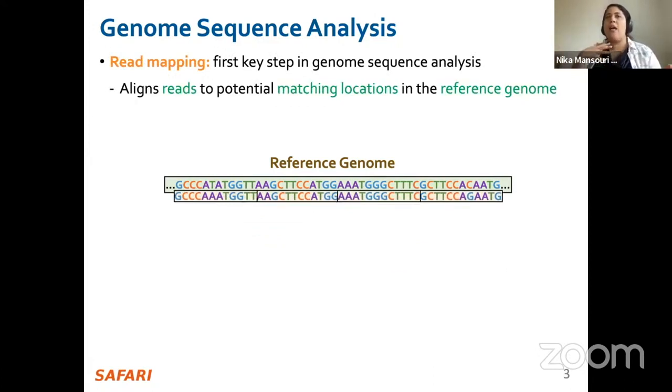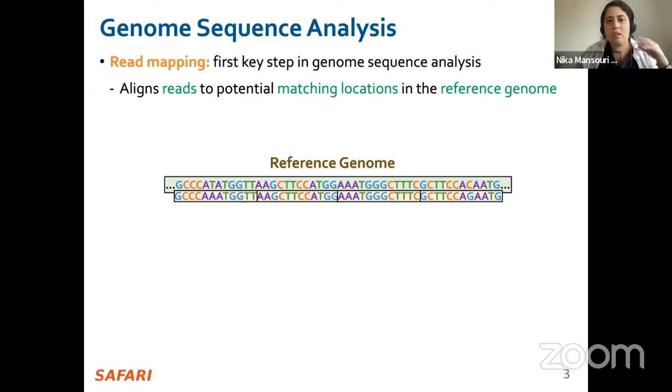So if we have a patient or some other organisms, the data collected, and we want to gain some biological information out of it, we align these reads to a reference genome, which we know already. For example, this is a human reference genome, which on average represents a person without specific biological issues. And then you would align these reads to this reference genome.